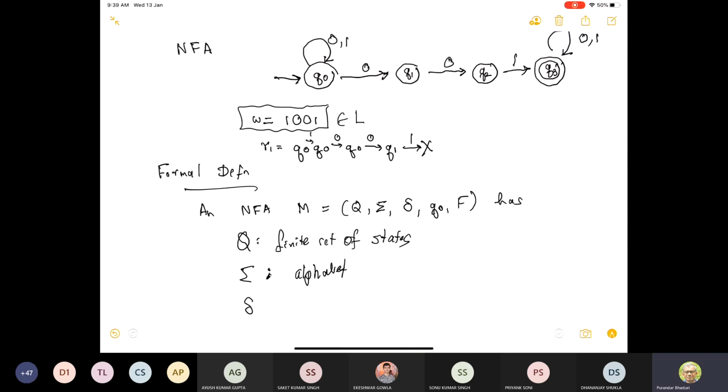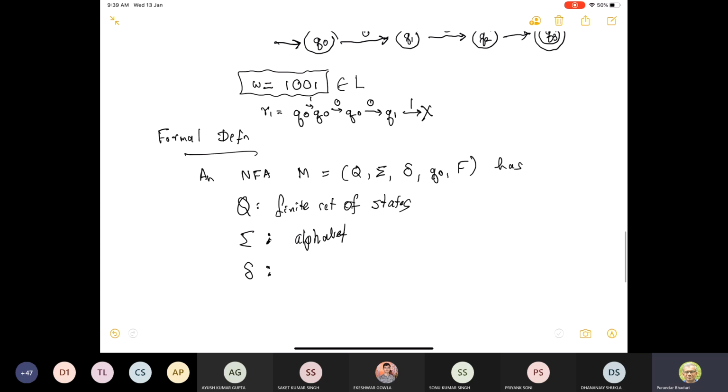It is delta which is different, because now for a given state and input symbol, you have a choice of next states.